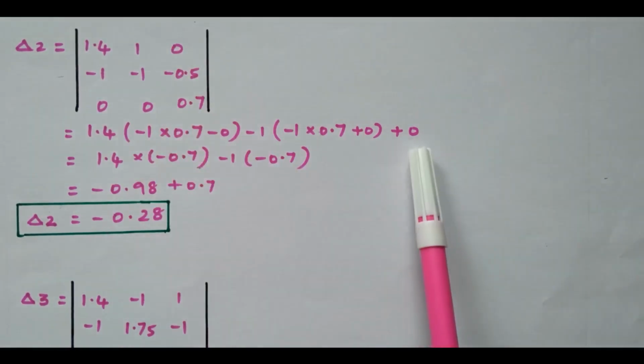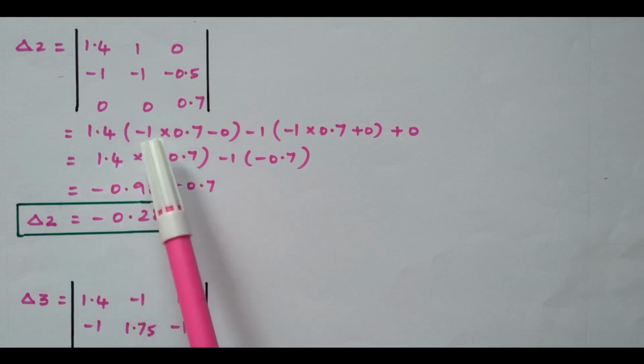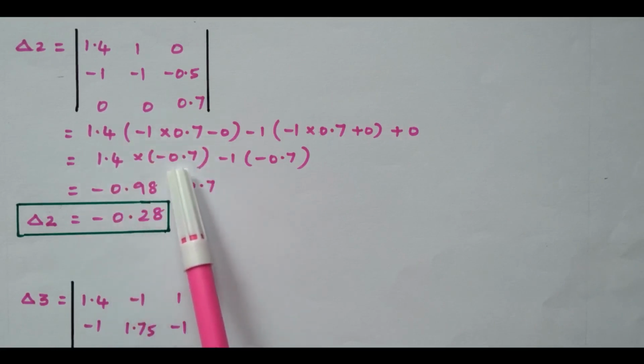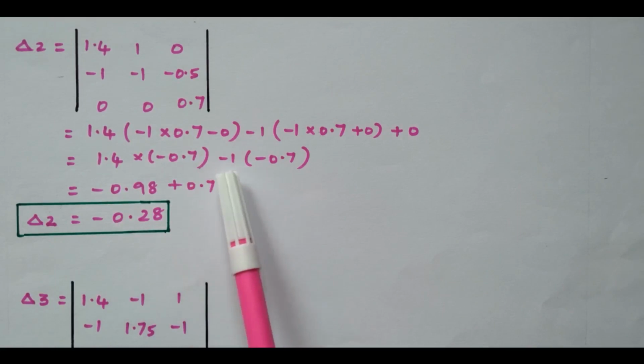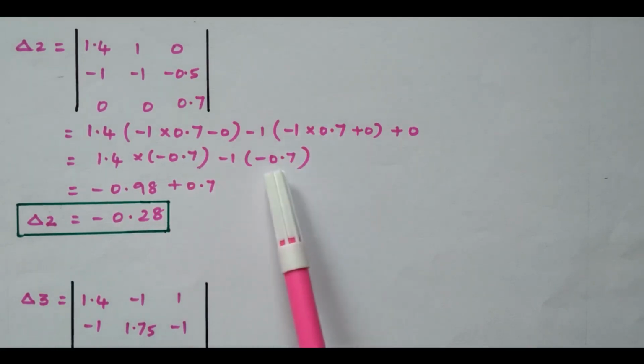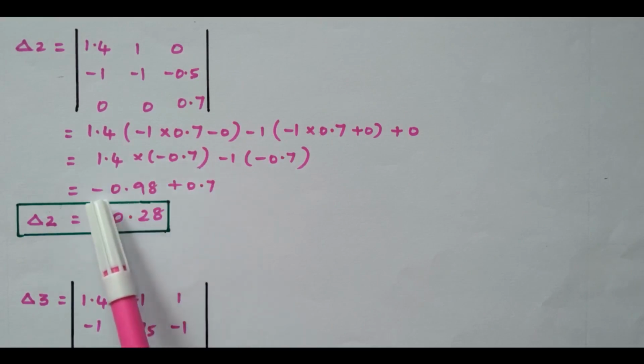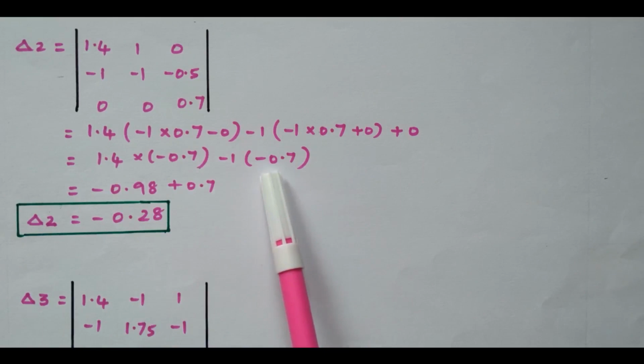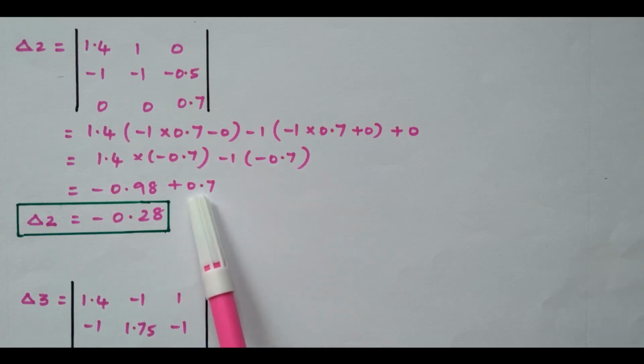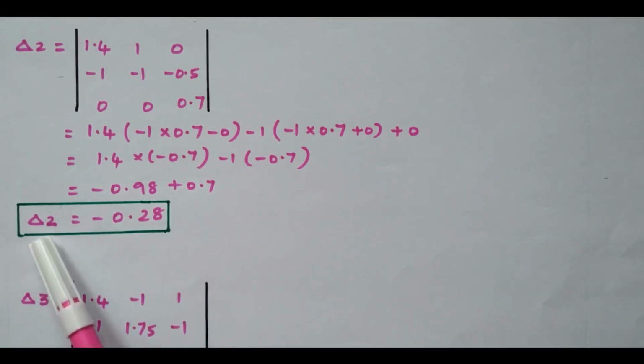The third element automatically 0. So 1.4 into minus 1 into 0.7 is minus 0.7. Minus 1 here also minus 0.7. So 1.4 into minus 0.7 is minus 0.98. So minus 1 into minus 0.7 is plus 0.7. So by adding these two, what did we get? Minus 0.28. So the delta 2 value we got is negative, minus 0.28.